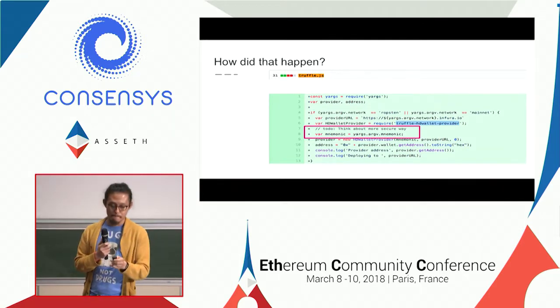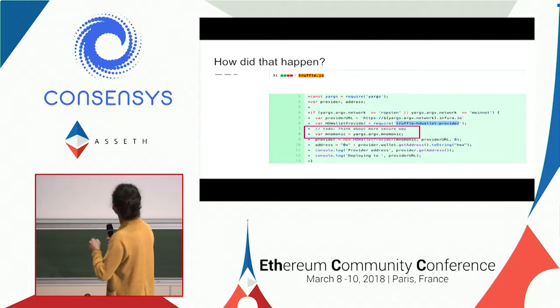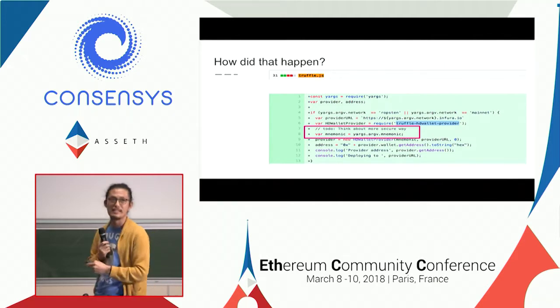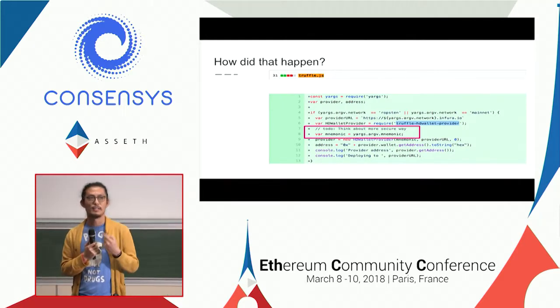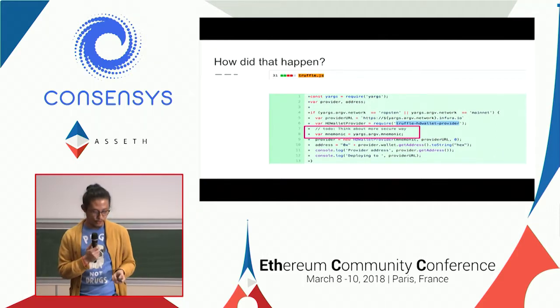It was still not good, so I changed to deploying remotely through Infura. But whatever I wrote in the to-do, I was passing the mnemonic as an argument, as a flat file, stored in my configuration file unencrypted, so it got stolen.